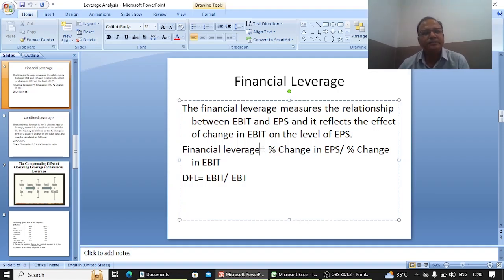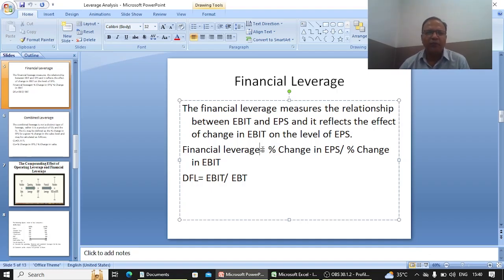For example, an entrepreneur wants to start a business, but he has rupees 50 lakh, while the business he wants to start needs rupees 1 crore. So it needs 50 lakh more, because he has only 50 lakh in his pocket or in his account.